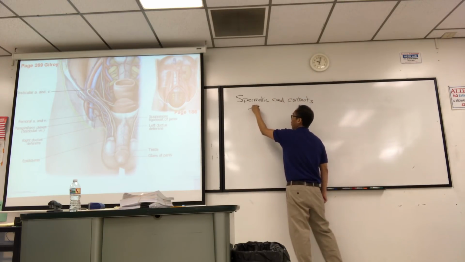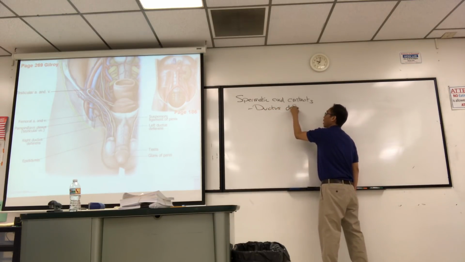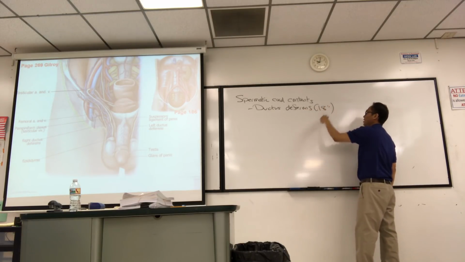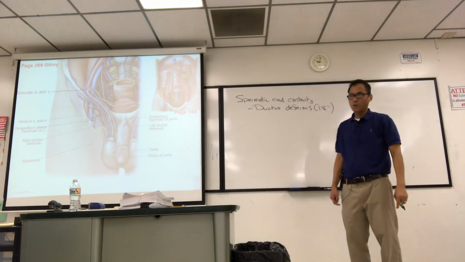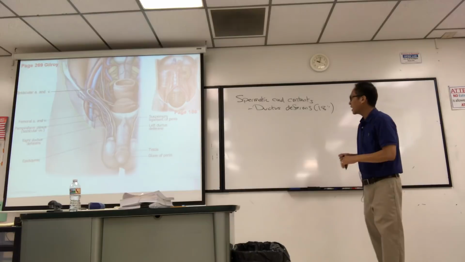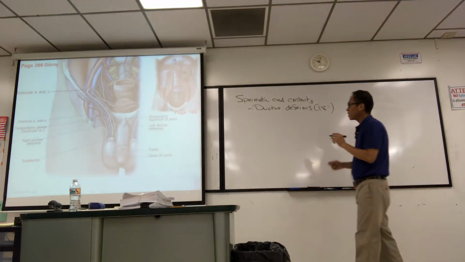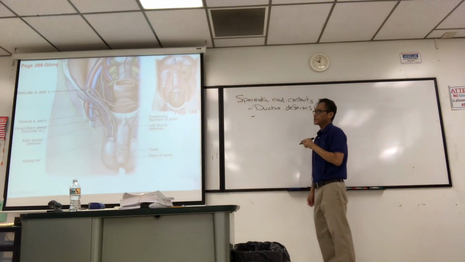Okay, so write down ductus deferens, about 18 inches long. It's the most important thing in the spermatic cord because this is a reproductive unit and it carries the sperm. Know the blood supply. The veins are called the pampiniform plexus.